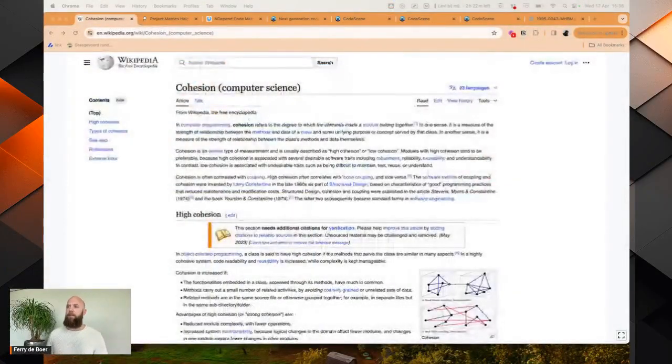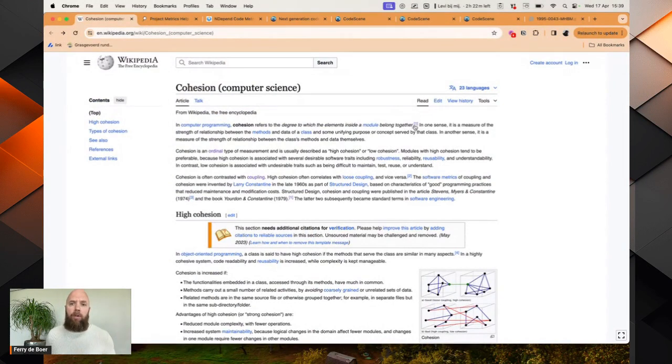Now let's first look at the definition of cohesion, simply by just looking at Wikipedia. What does it say? Cohesion refers to the degree to which the elements inside a module belong together. Well, first of all, that's a discussion we had last week as well, which was interesting. Like, how would it translate to non-object-oriented languages?